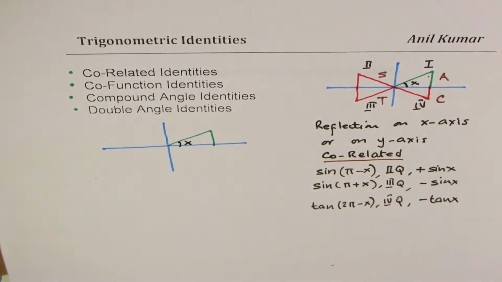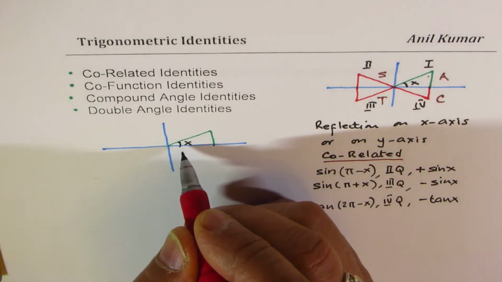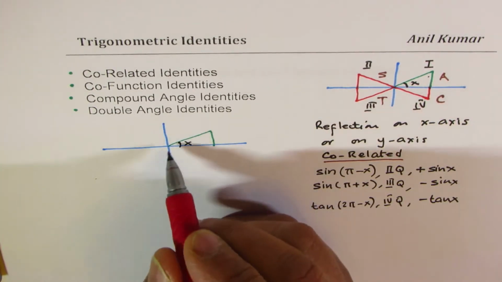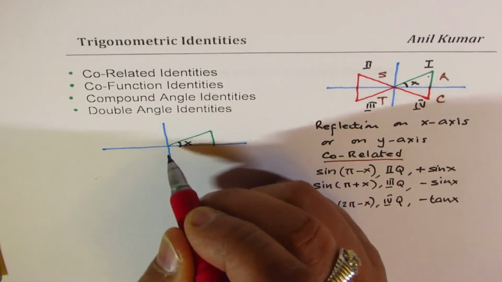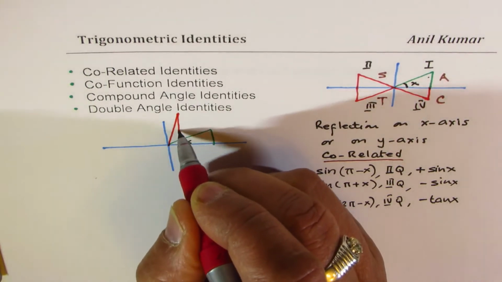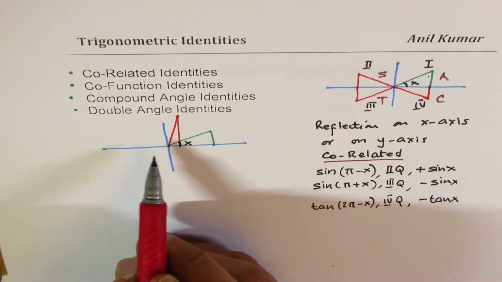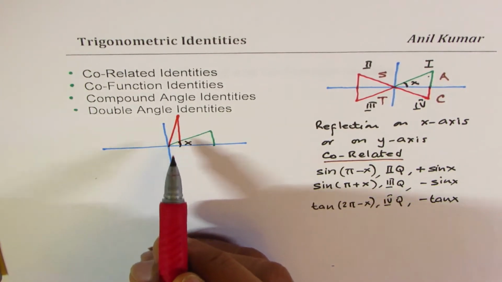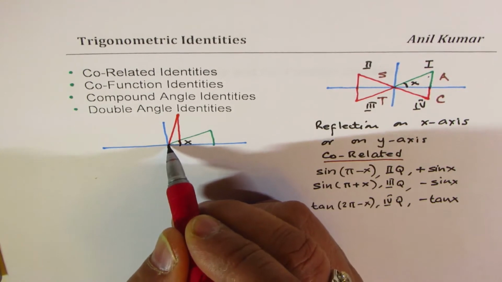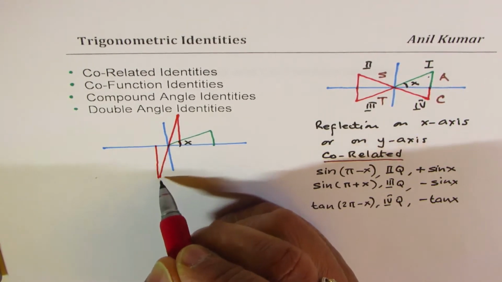Okay, that is the triangle. But now here, the rotation is 90 plus or minus x. So it becomes like this. As you can see, the triangle orientation has changed. Sine becomes cos, cos becomes sine, right? So now we are talking about triangles which are like this.